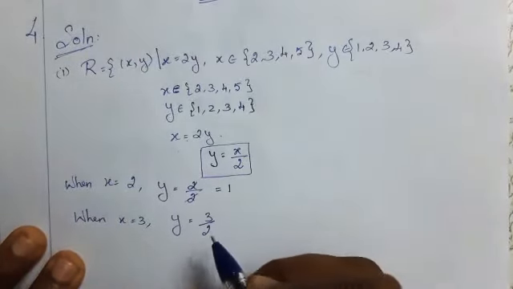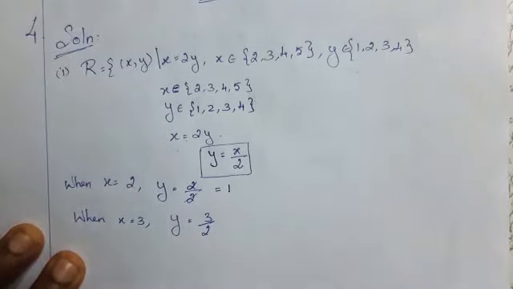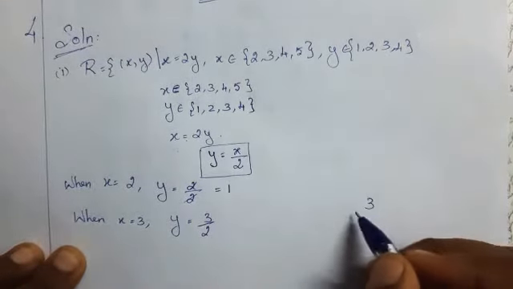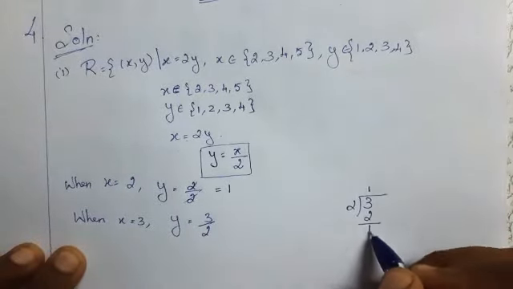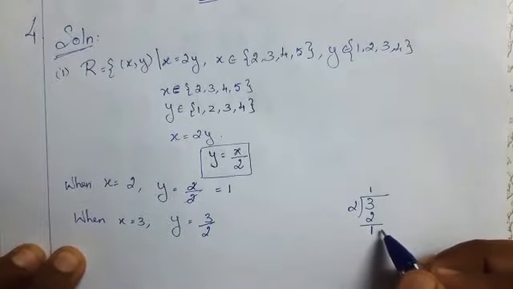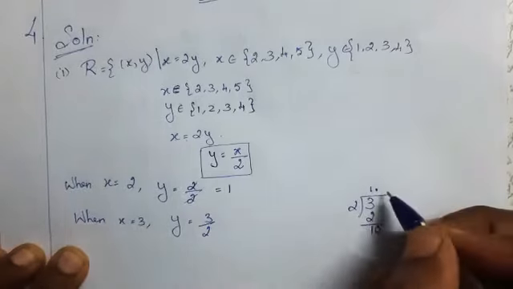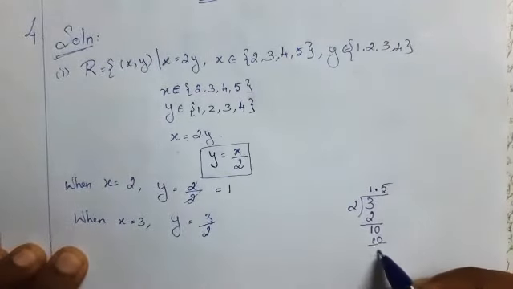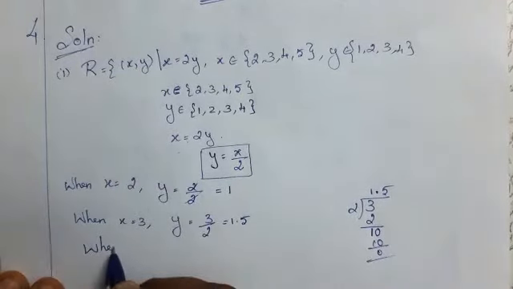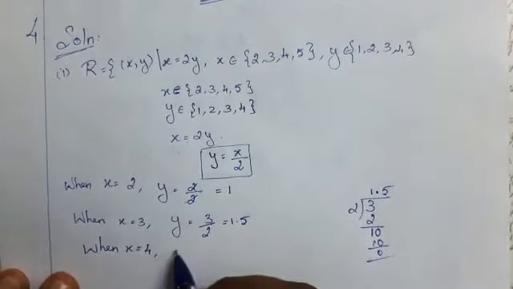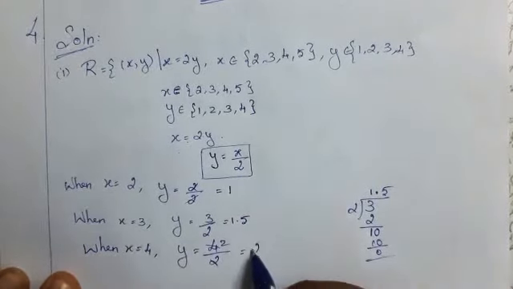You can't divide evenly: 2 ones are 2, remainder 1. To continue, put the decimal here and put the 0 here. 5 twos are 10. That is 1.5. Now when x is equal to 4, y is equal to 4 by 2, that is 2.